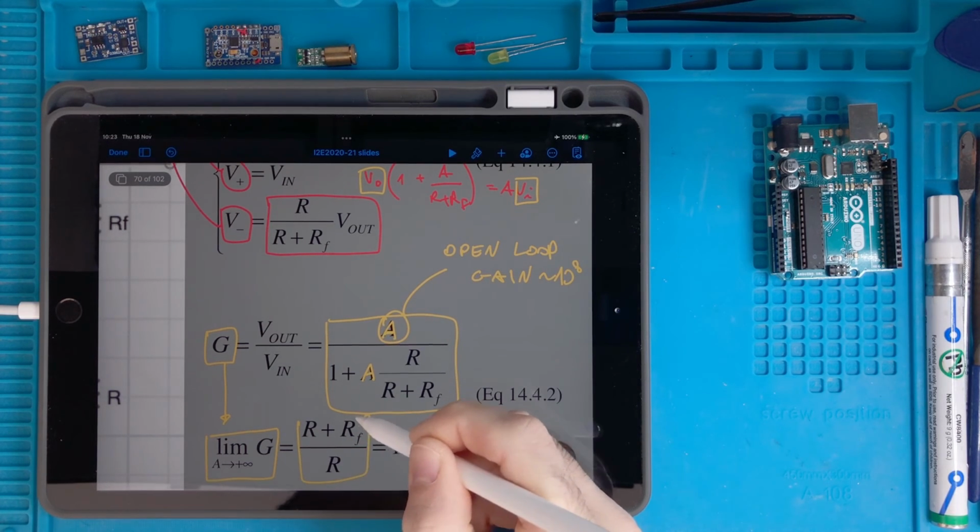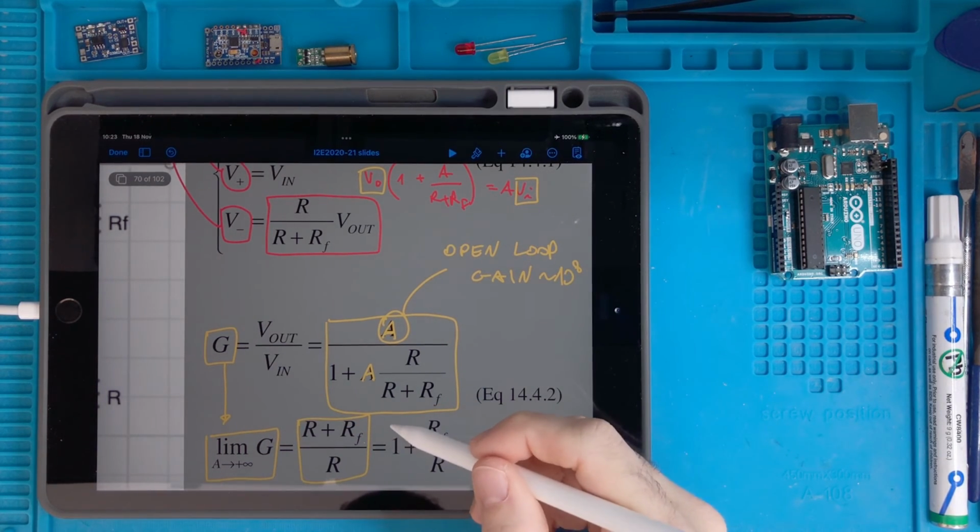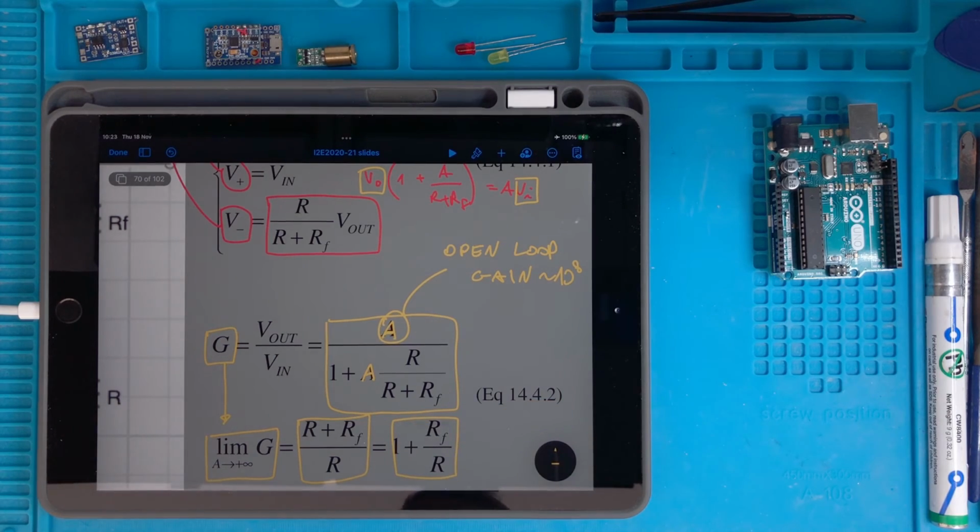This limit is this, that we can write also like that.